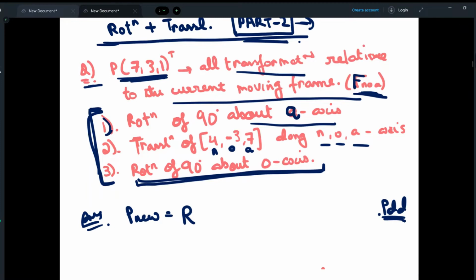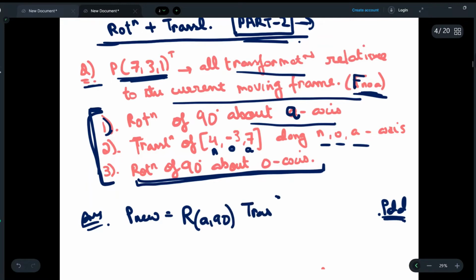For example, if we are given the rotation about the A axis first, then we will write the rotation about the A axis first, and then we will write the translational part which is given to us, that is 4, minus 3 and 7, and then we will write the last part, that is the rotation of 90 degrees about the O axis.